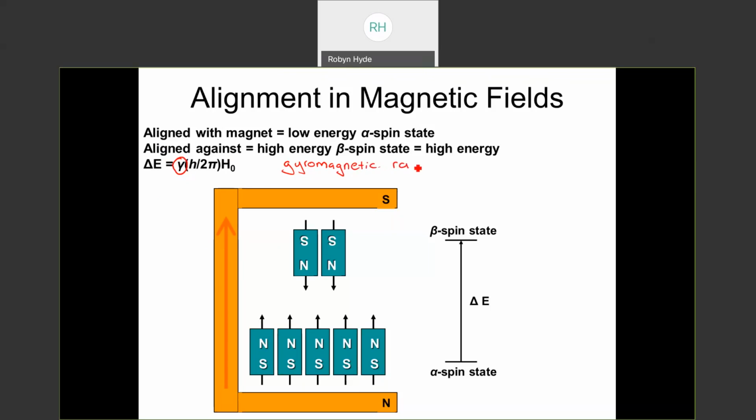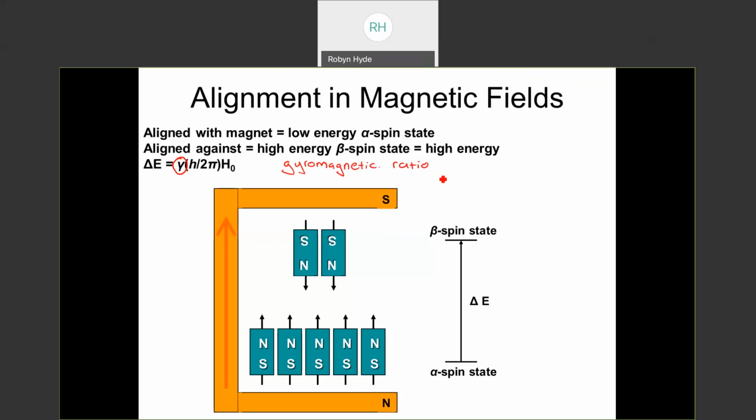And so ratio, that is kind of how I think of it, is strength of gyration, strength of movement. So the gyromagnetic ratio for protons is different than the gyromagnetic ratio for carbons. And so the delta E for each of those two different kinds of atoms is going to be different.